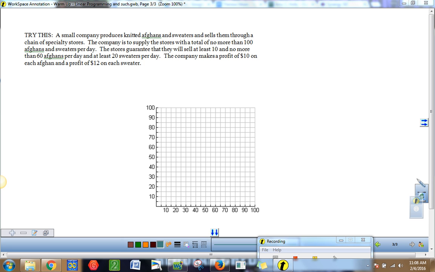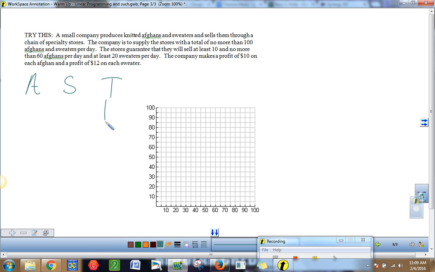Okay, what two things are getting compared? Afghans and sweaters, definitely, right? So we know it's going to be less than or equal to. We've got Afghans, sweaters, and we have total values. So take it line by line. The company is to supply the stores with no more than 100 Afghans and sweaters per day. Is that about Afghans, about sweaters, or a total? It's a total.